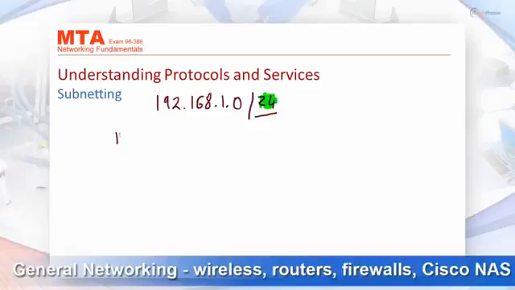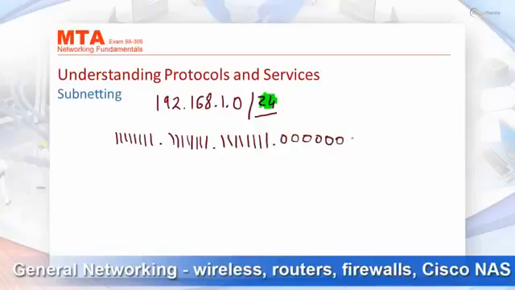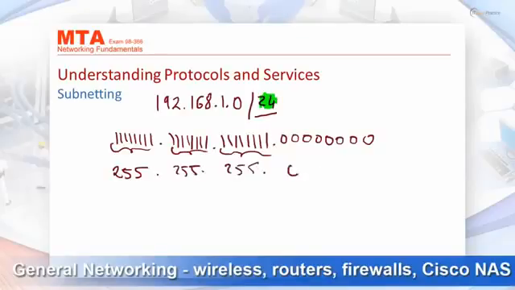Let me do that for you. 1, 2, 3, 4, 5, 6, 7, 8, and again 8, 8, 8. That is in binary. If you convert all these numbers back to decimal, you will get 255.255.255.0.